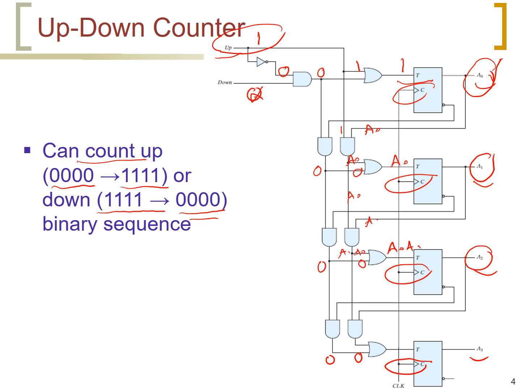On the other hand, now, if we would like to use it as a down counter, we make down equal to 1, and up will be 0 here. And when this is 0, this will be 1, and this will be 1 here. So this will be 1, and this is 0 here. So this is 0, and this is 0, and this is 0, and this is 0.